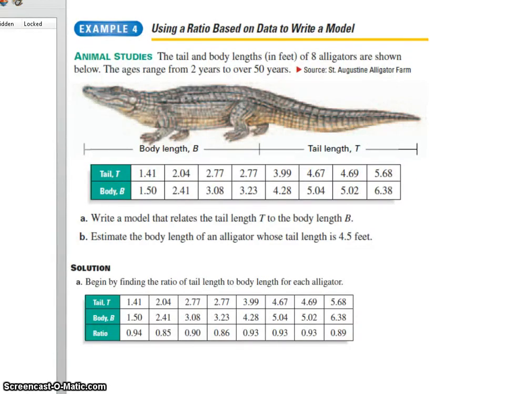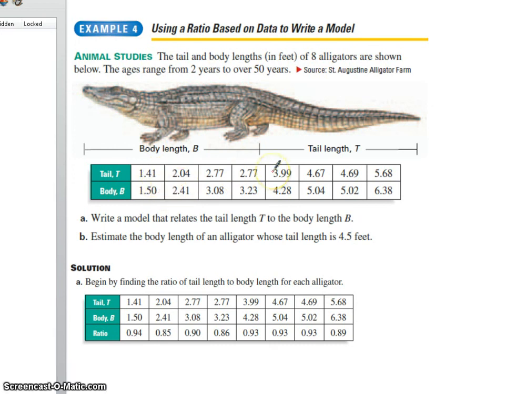Using a ratio based on data to write a model, the tail and body lengths in feet of 8 alligators are shown below. The ages range from 2 years to over 50 years. Okay, so if we look, here are the 8 alligators, right? Their tail length and their body length.